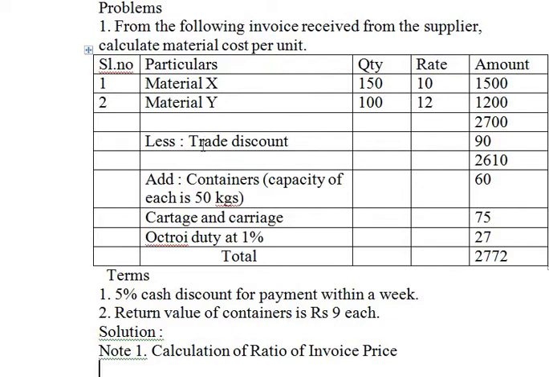From this they have deducted trade discount and added containers, the capacity of each being 50 kgs, then cartage and carriage, octroi duty at 1%, then the total. So this is the total cost. The format is already given; you just have to distribute this for material X as well as Y.